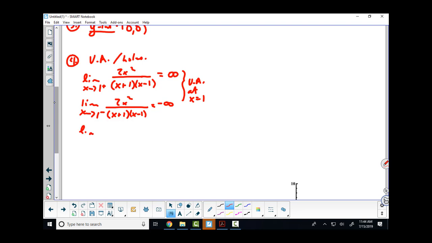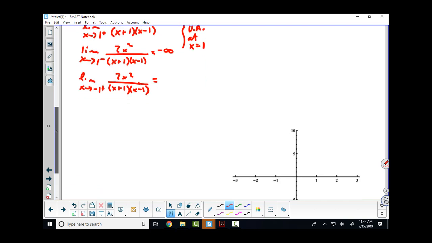Now let's look at the limit as x approaches negative 1 from the right. We're plugging in numbers to the right of negative 1 like what? Be careful with this one. Negative 0.9.